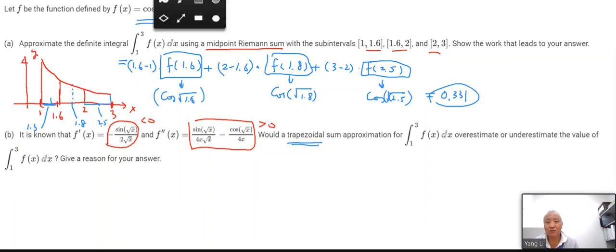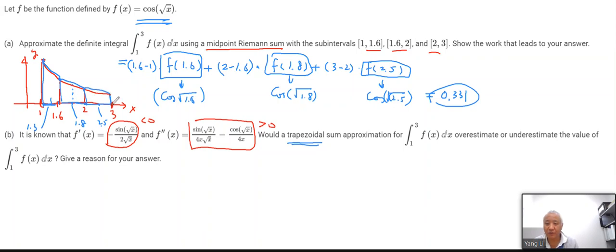So if you do the drawing, you will get the trapezoid method, right? Let's change the color here. You only have from here to here, this trapezoid, and then find the area of this trapezoid. Then the other trapezoid like this, and the third one is like this.